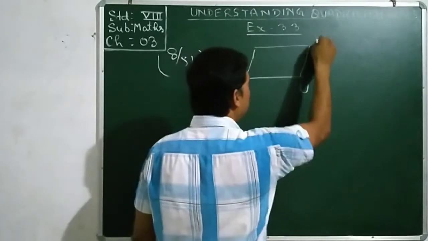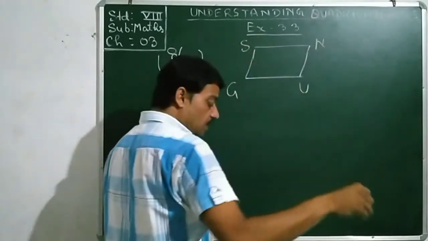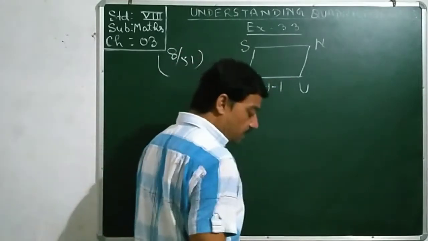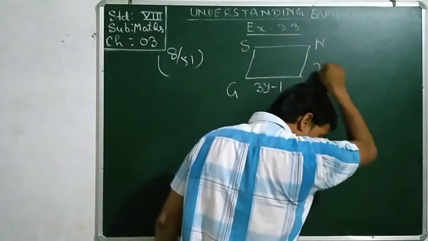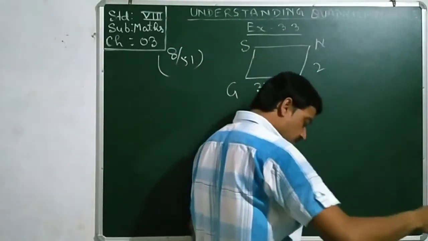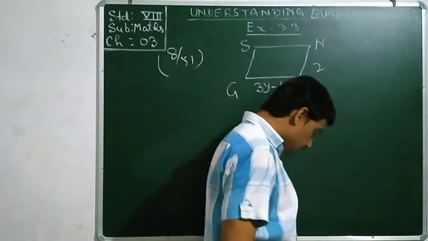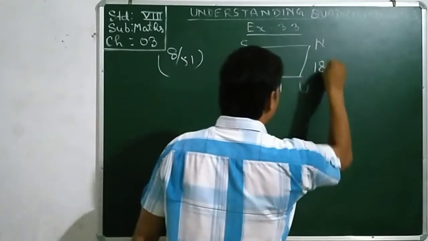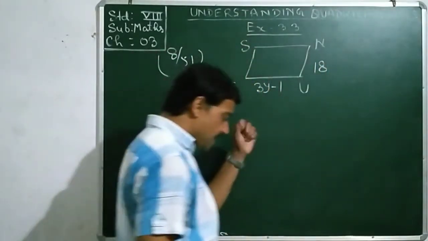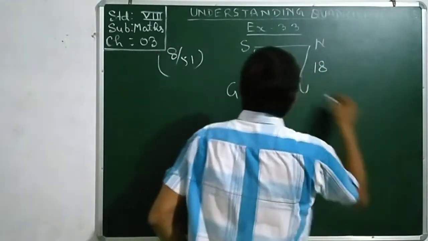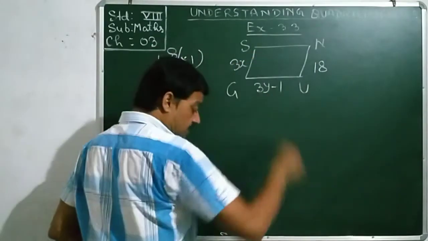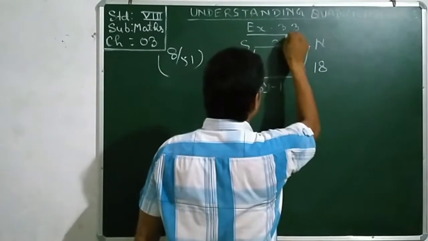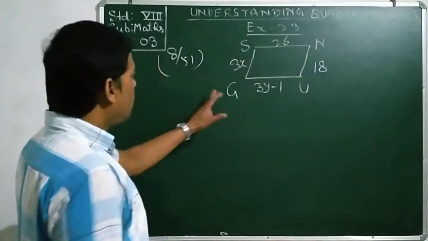G, U, N and S. Here the bottom is 3y minus 1. This side is 20. 18 cm. All measures are given in centimeters. This side is 3x and the topmost portion is 26 for the GUNS.